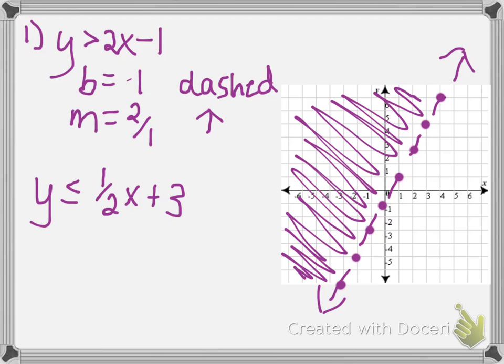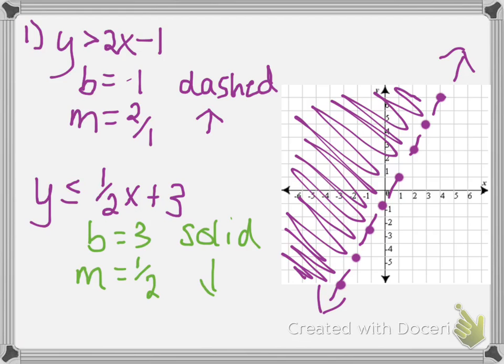The next equation, you're going to figure out b is 3. Your slope is 1/2. This is a solid line. And you're going to shade below. Always start on your y-axis. Your y-intercept is 3, so go up 3.